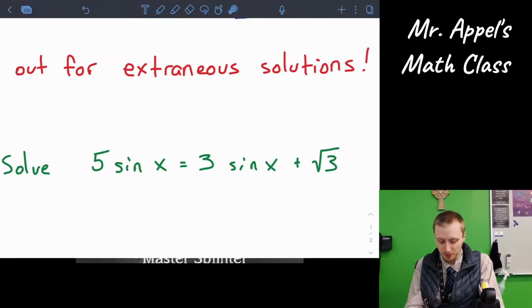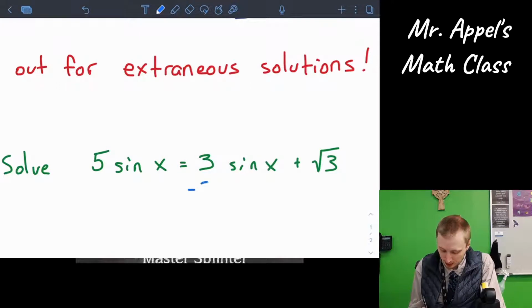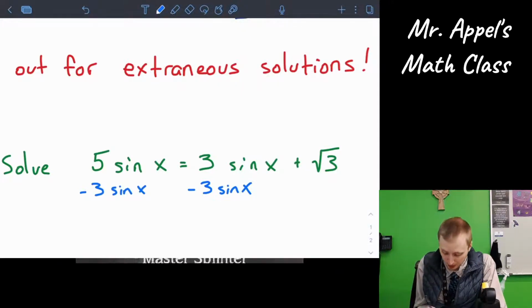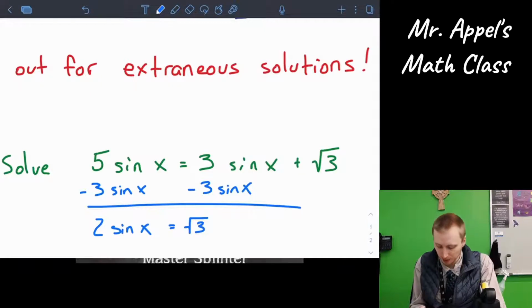Okay, so with that in mind, all we need to do here is subtract 3 sine x from both sides. Now you're left with 2 sine x equals square root of 3.